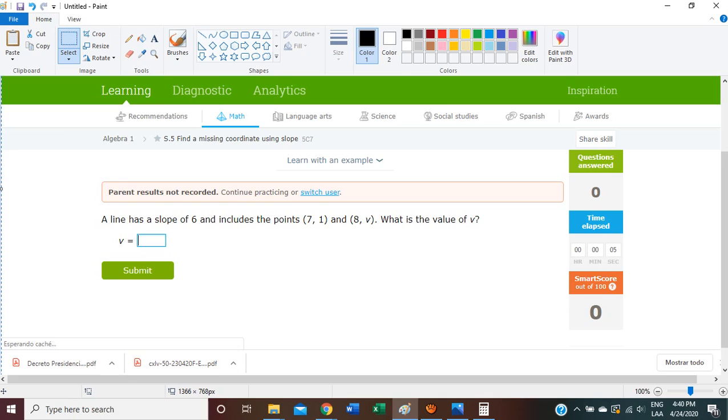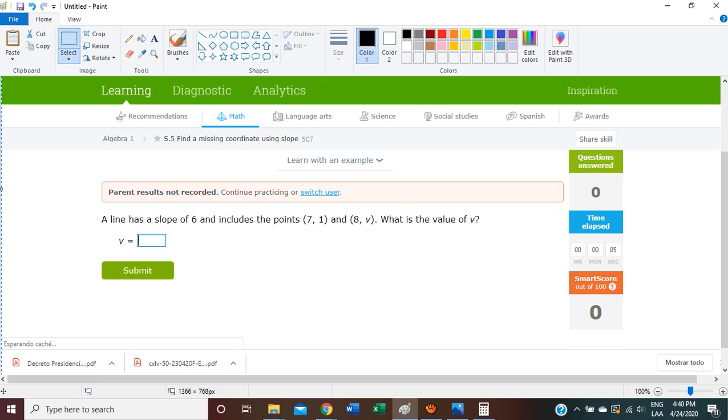And we have the value of the slope. So remember that in the previous two, we had to get the slope. Here, no, here we get the slope and we get the two coordinates, but one number is missing. Okay, we need to find out what this number is, v, the value of v.